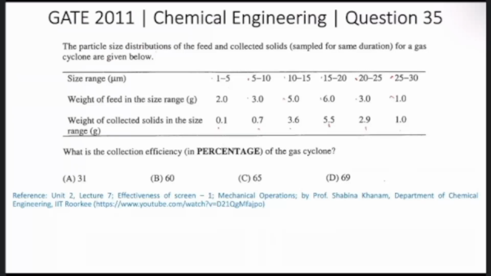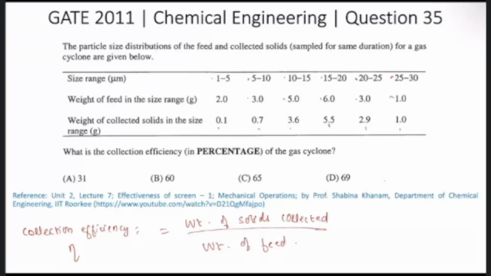So we have defined that the collection efficiency of a gas cyclone, which is represented as eta, is equal to the weight of the solids collected by the weight of the feed.